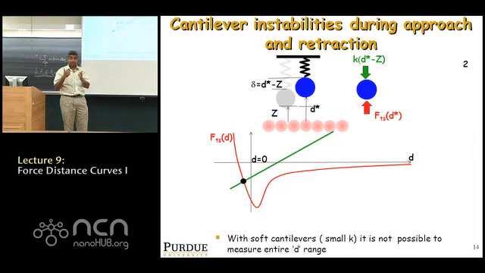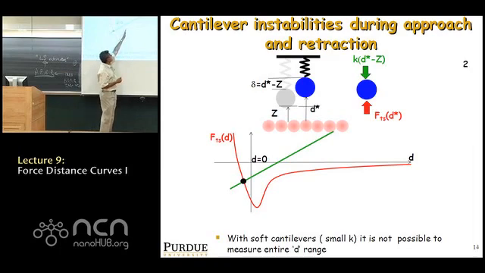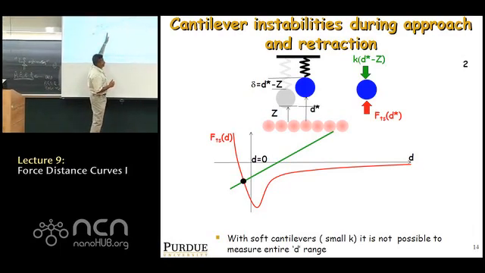So they increase rapidly as the gap decreases, whereas the restoring force of the cantilever is linear with respect to deflection. So as you come very close, comes a point where the attractive forces are so large that they simply suck the cantilever in, and the gap suddenly changes from a value here to something here, and the tip has snapped into the sample, even though the Z still remains at a decent value.